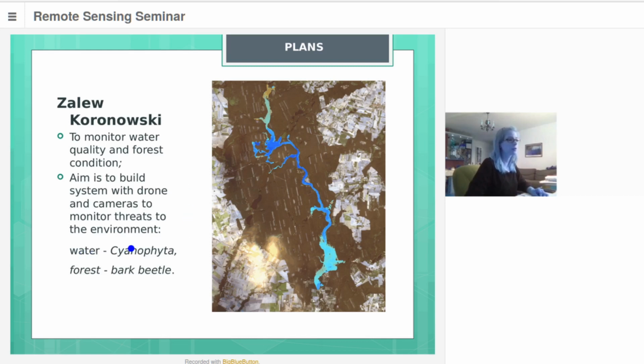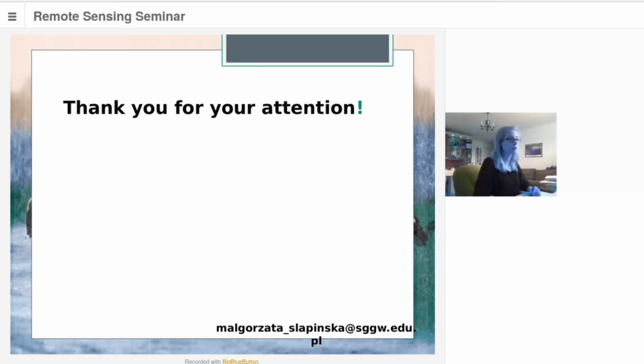For water, it is cyanophyta, blue algae, and for forest, it's bark beetle. And as I mentioned before, we will start it in 2021. So if you have any suggestions about this project, we are open to them. And this is all. Thank you very much for your attention.